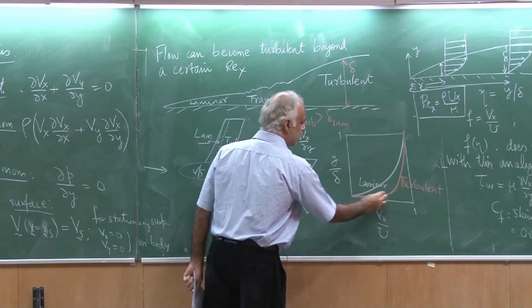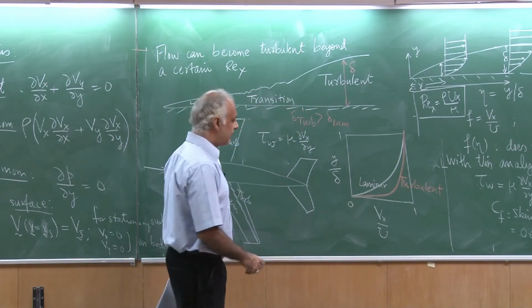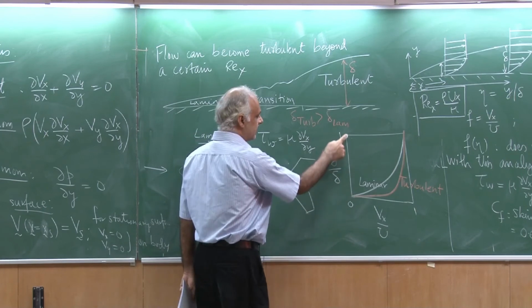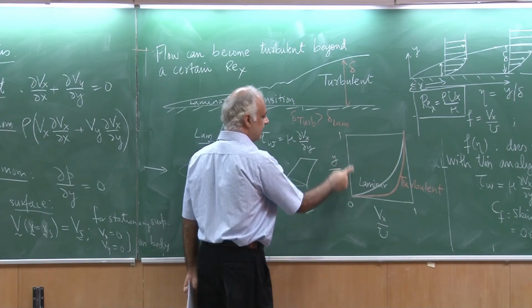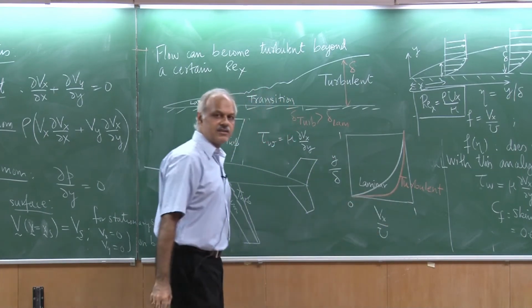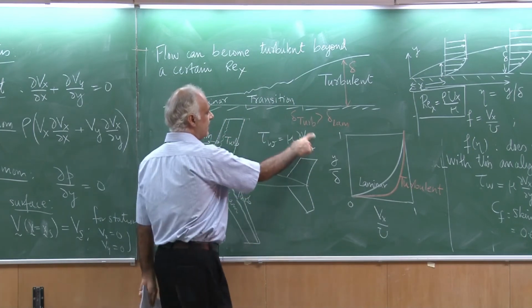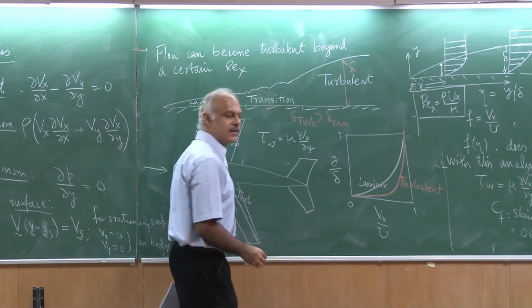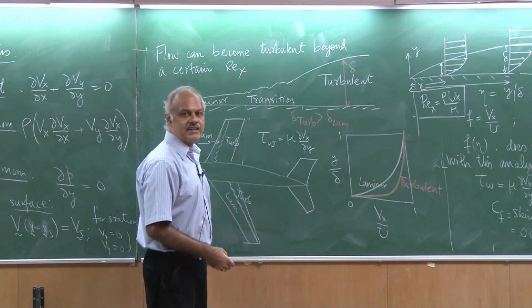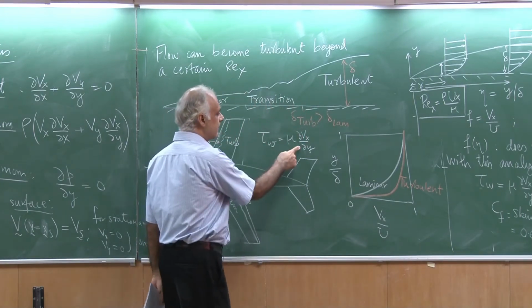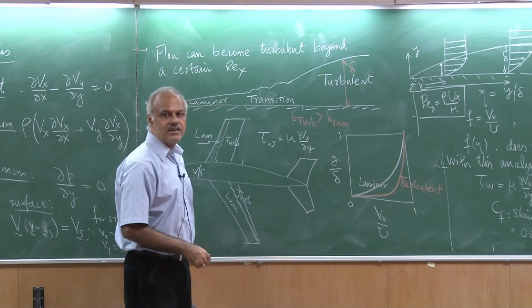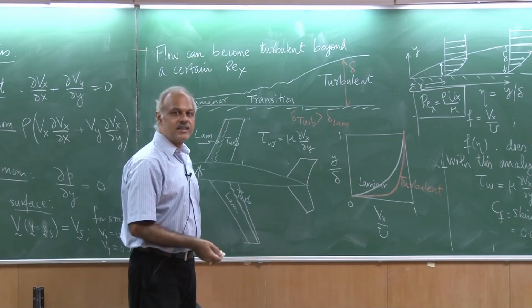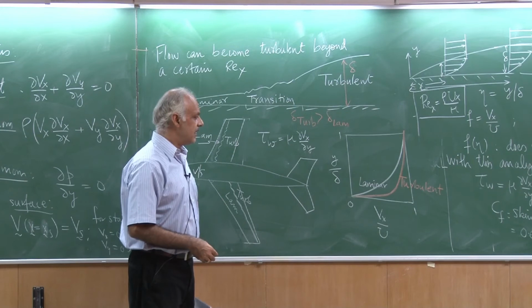This is much steeper. I must caution you, this is the distance and this is the speed. So be careful when you calculate del Vx by del y. So this is a much steeper profile, so it has a much larger gradient. Therefore the skin friction because of a turbulent boundary layer is expected to be much larger than the skin friction for a laminar boundary layer.